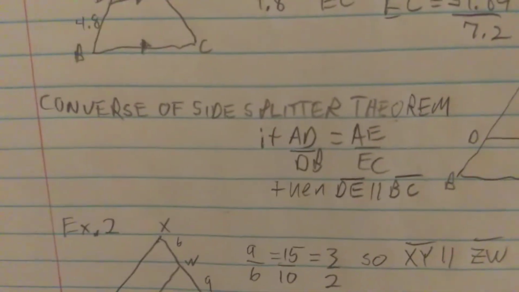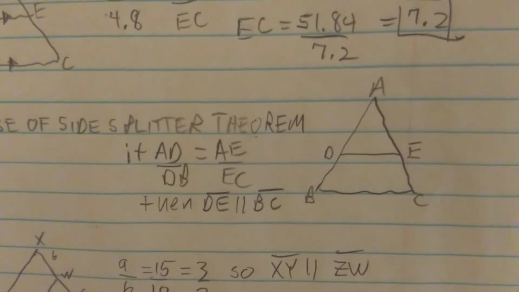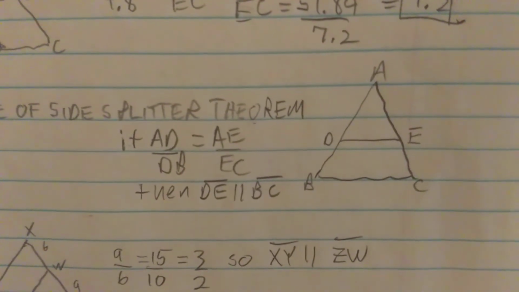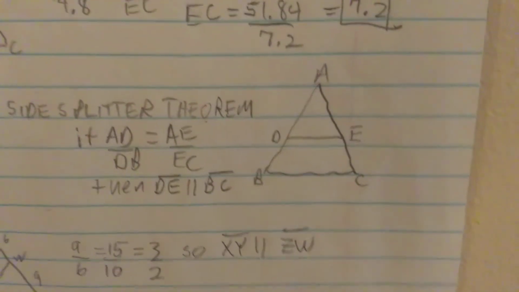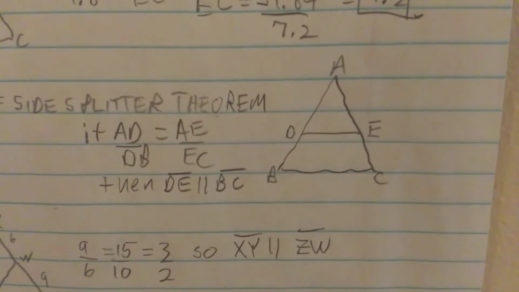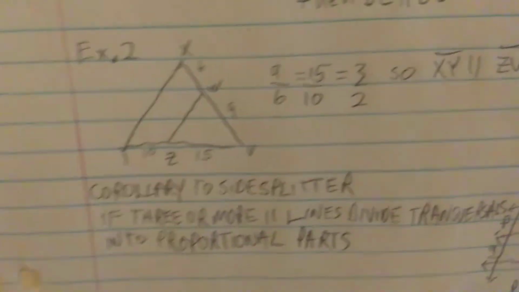Okay? So now the converse of the side splitter theorem is saying that if we have this proportionality working, AD over DB on the left equals AE over EC on the right, then we can say that DE is indeed parallel to BC. That's the side splitter corollary. Okay?